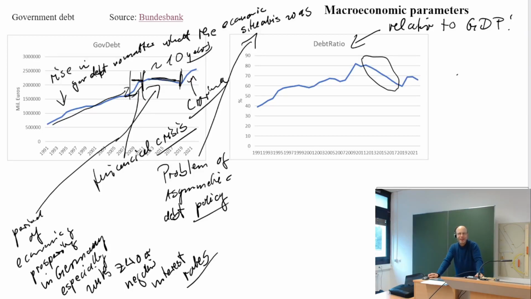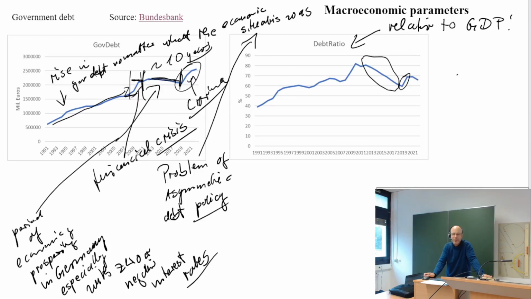So it would be interesting if you have a look at the government debt situation. And then we also have a very special situation that even during these Corona times and then with the war in the Ukraine, we have relative to GDP only a very small rise in the government debt ratio.